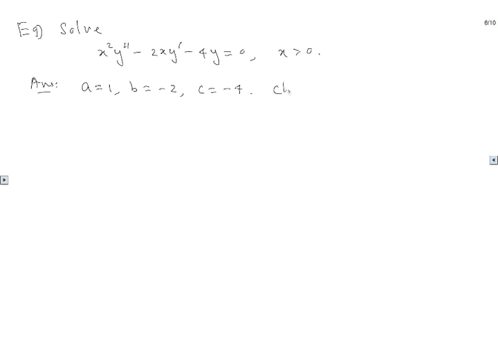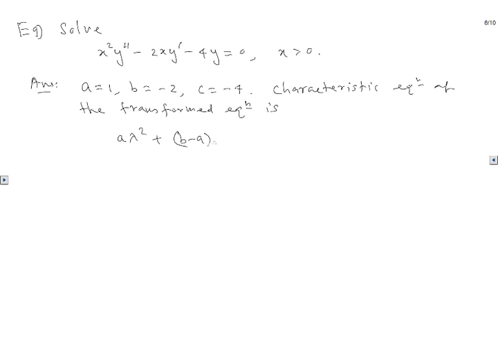So the characteristic equation of the transformed equation is lambda squared plus (b minus a) lambda plus c equals 0.